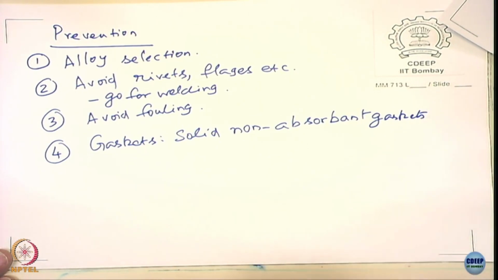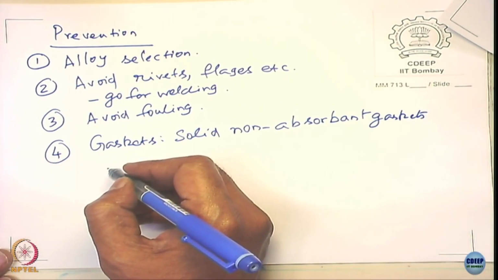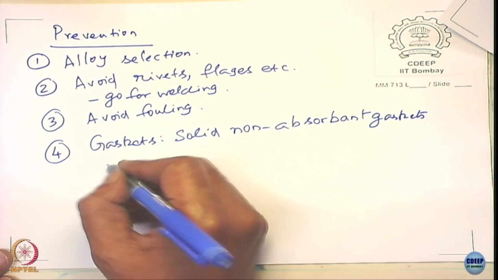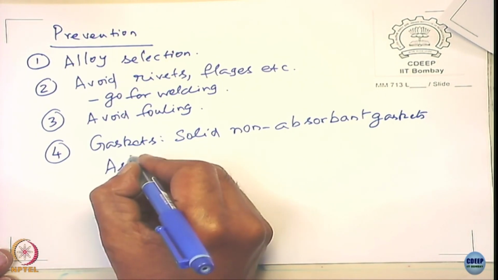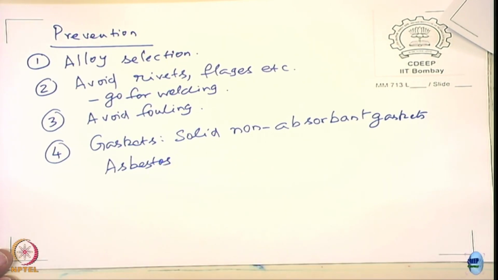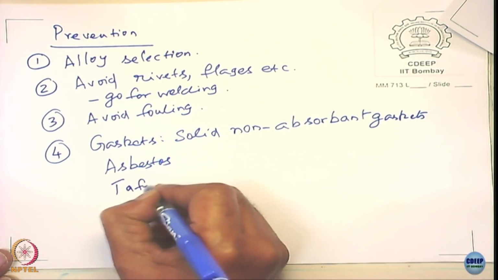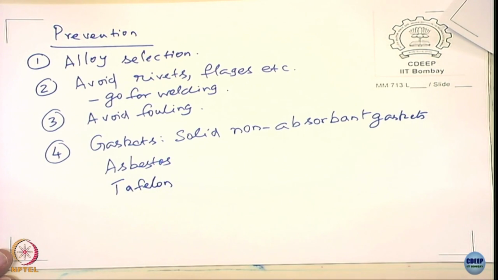See, you know about asbestos, right? Nowadays people do not use asbestos, this is carcinogenic, right? You take asbestos, okay, and you take a Teflon. What is Teflon? It's a commercial name of PTFE, right?